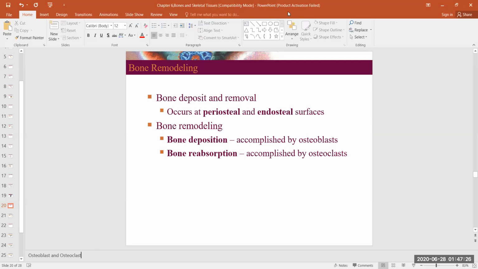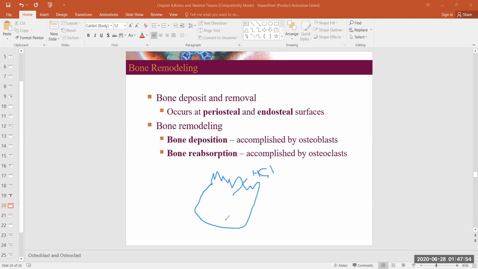because osteoclast cells have a rough border. Let me draw here so you can see. The cells are like here. This is the osteoclast cell, and its surface is a very rough border. And then they produce HCl, hydrochloric acid.